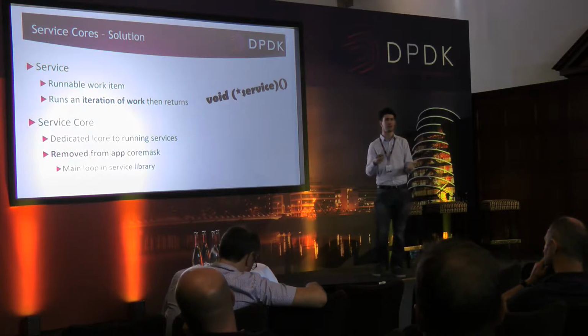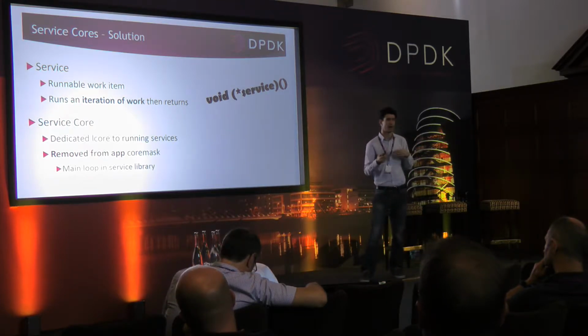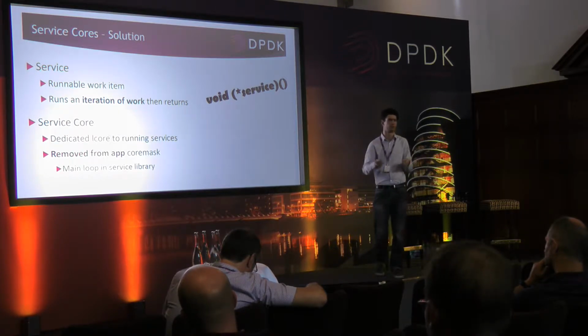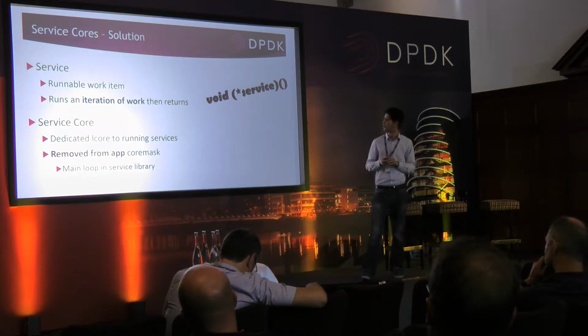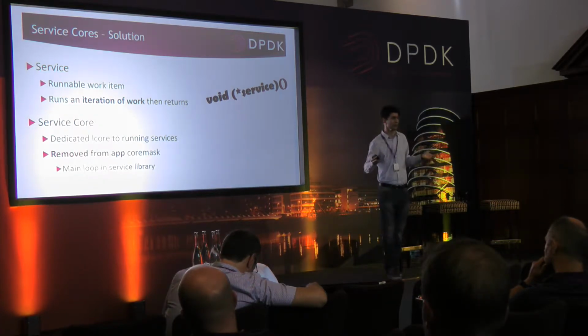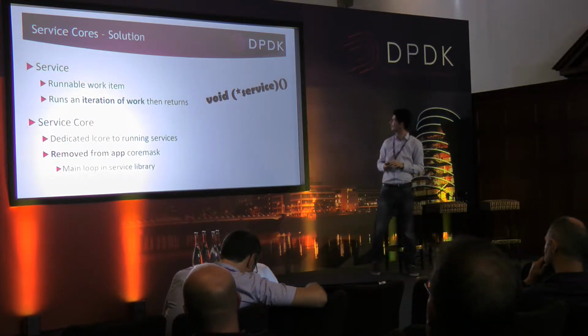In the case of an Ethernet device, perhaps receive or transmit a burst of packets. In the case of an event dev, perhaps schedule any available packets and then return, or schedule 512 events and then return. So the important thing there is basically it's just a callback function. I think most people here in the room are developers, so you probably prefer the function type thing.